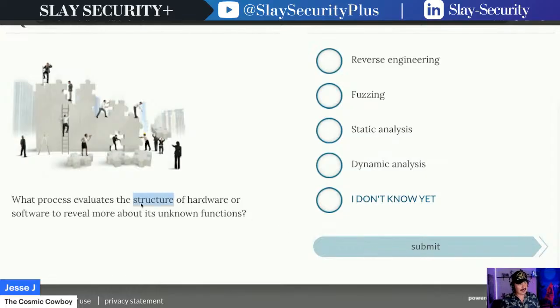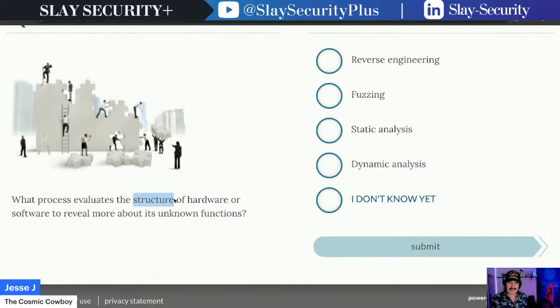What is it? So we're evaluating the structure, right? We're not trying to analyze something while it's running, so dynamic analysis kind of is scratched. Fuzzing is giving random bits of data to an application to see how it's going to react, while reverse engineering is the process of taking things apart backwards so you can figure out how it was put together in the first place.